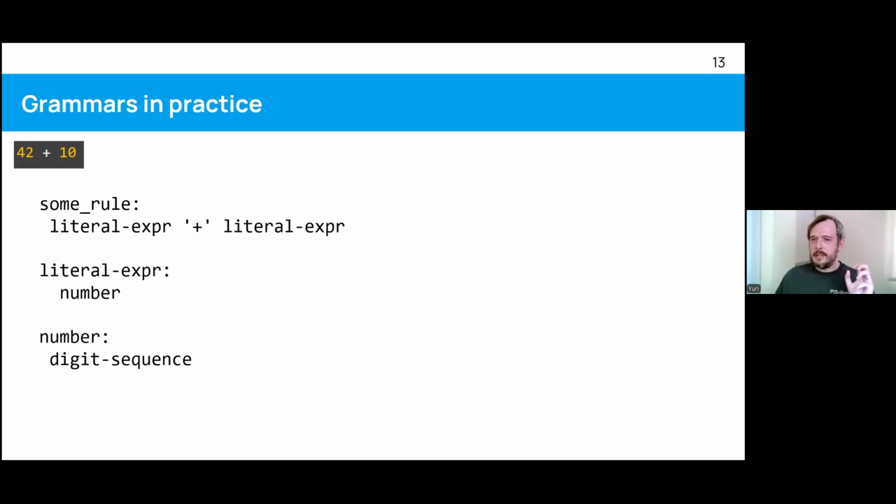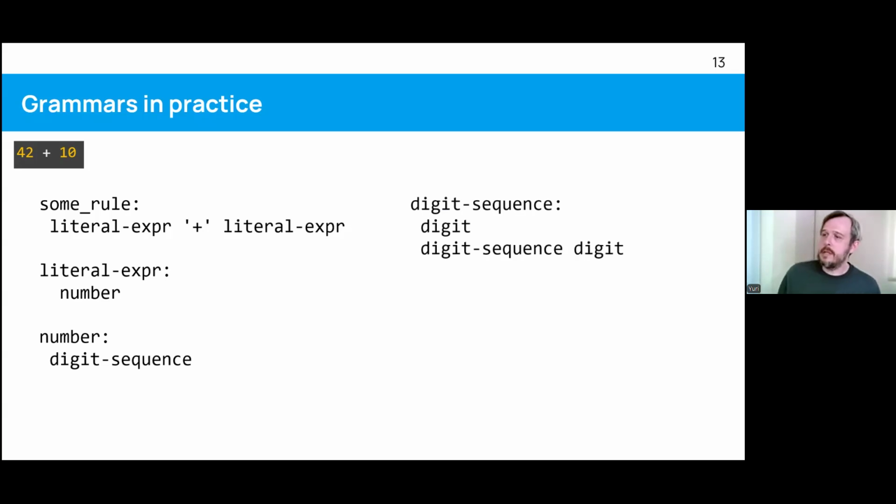But in any case, what is a number? It's a string of digits, right? And for an integer number, we can just have digits. And for a floating point number, we have a string of digits, potentially a dot somewhere, and a string of digits after the dot. So our number is our digit sequence. And we will define it like that.